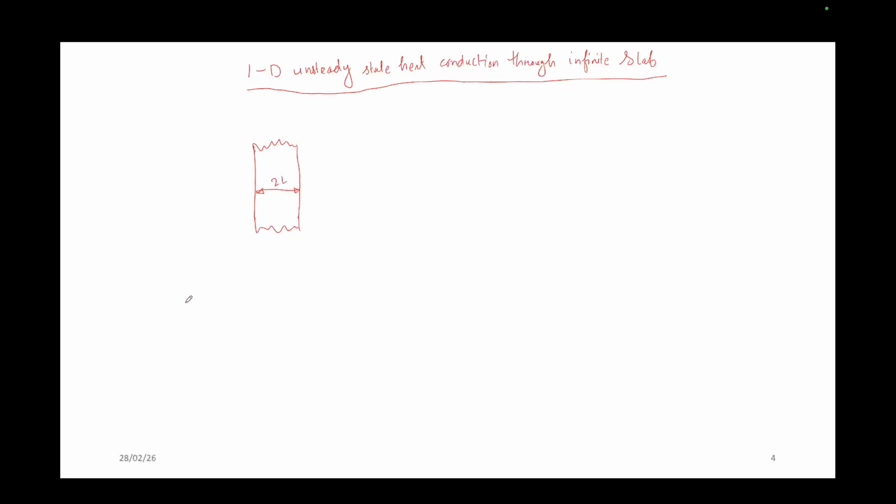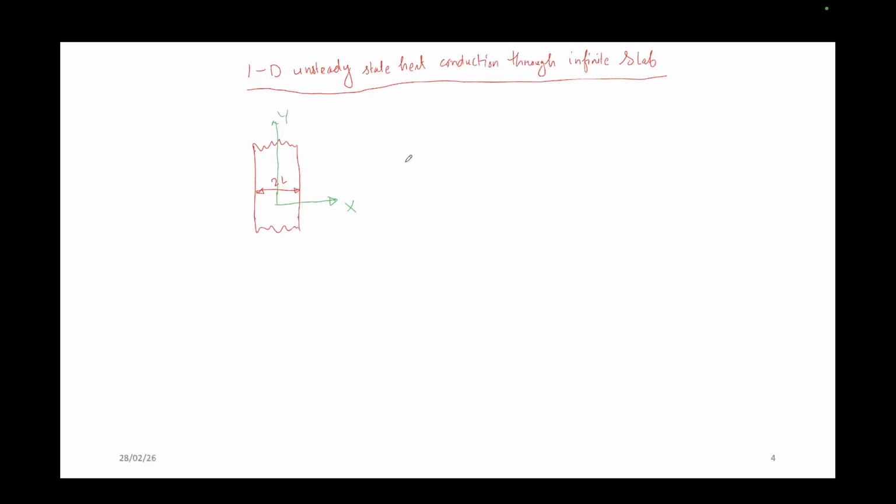This is twice L. I just represent it in the y axis. Say this is your x-axis, this is your y-axis. In the y-axis it is quite long, or you can say it is infinite. In the x-axis we will be only dealing with this x-axis.